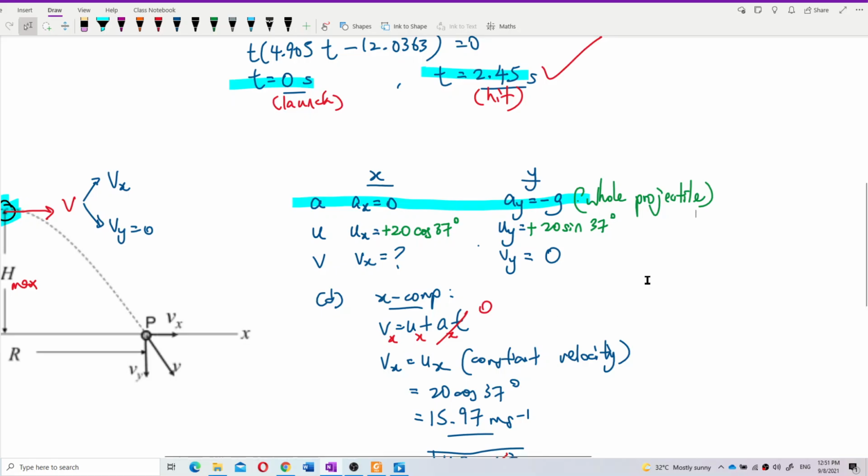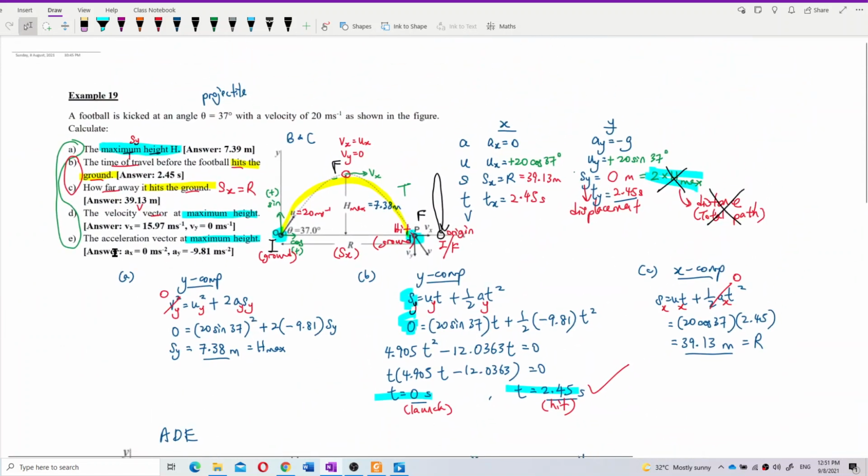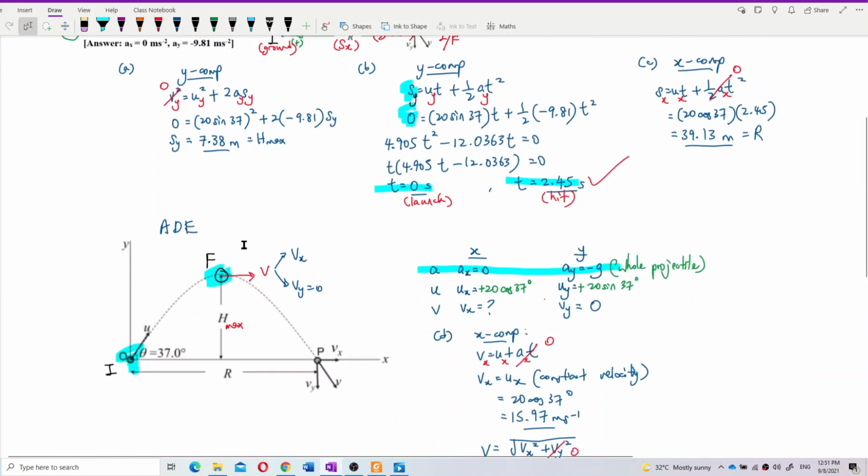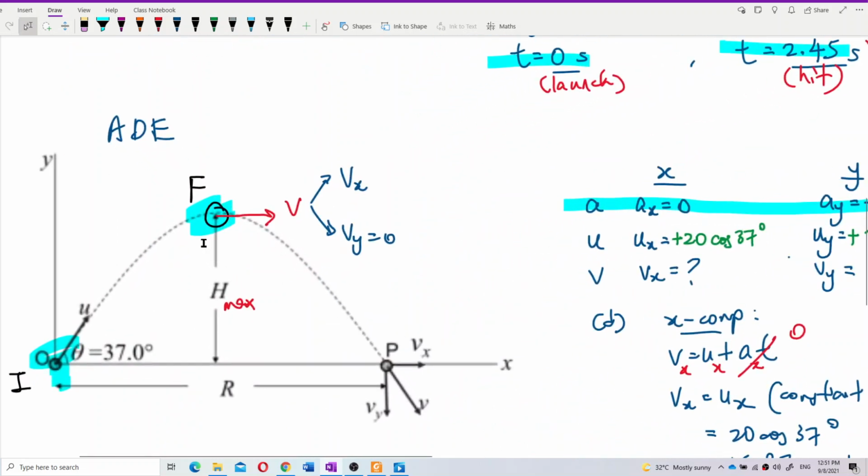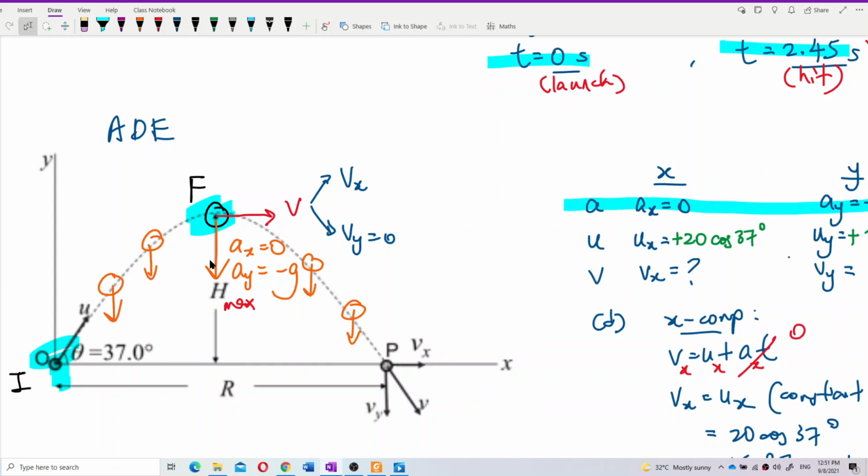So the question asks for the acceleration vector at the maximum height. Remember the yellow line? It is downward. Ay equals negative g, and Ax is equal to 0. The acceleration at any part is always downward.